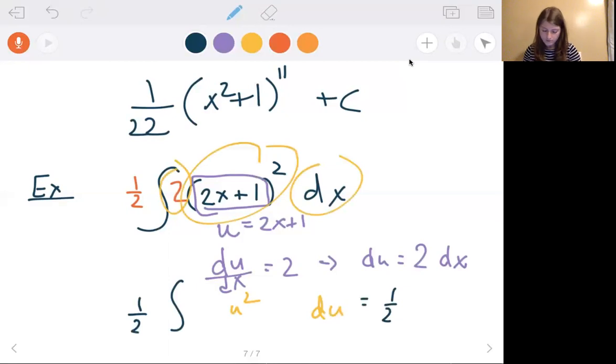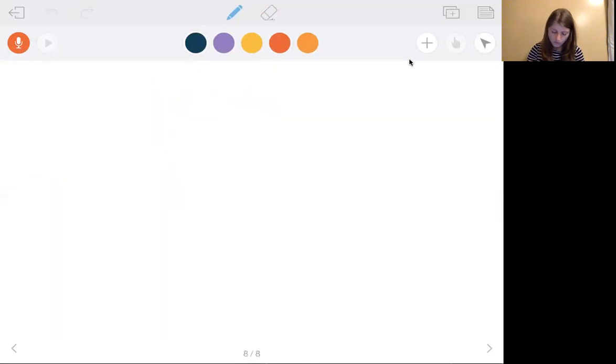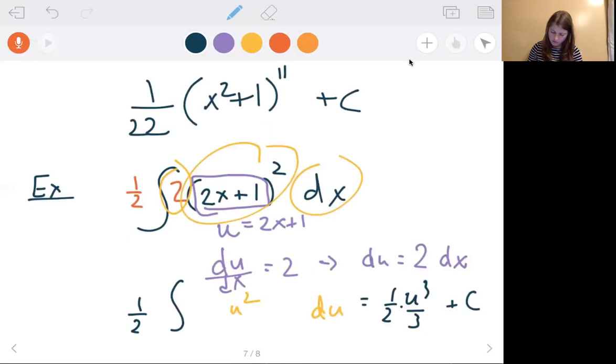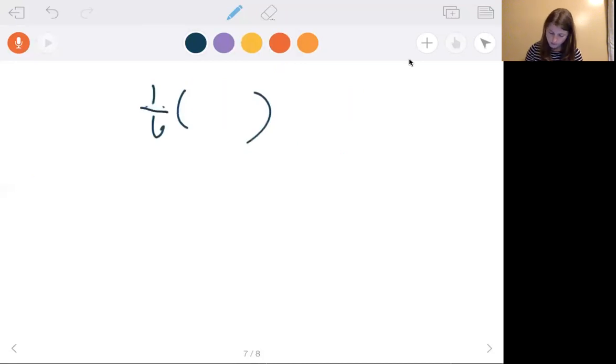Ignore your 1/2. The antiderivative of u squared is u cubed over 3. Let's see. So we're going to have 1/2 times 1/3. What's that? 1/6. And then let's go ahead and substitute our u. So 2x plus 1 to the 3rd.